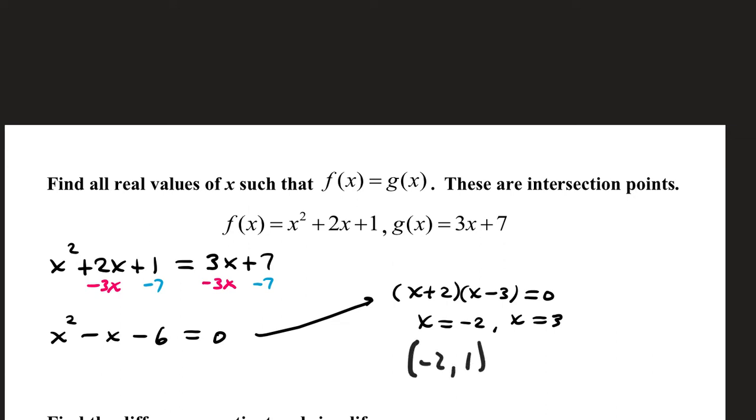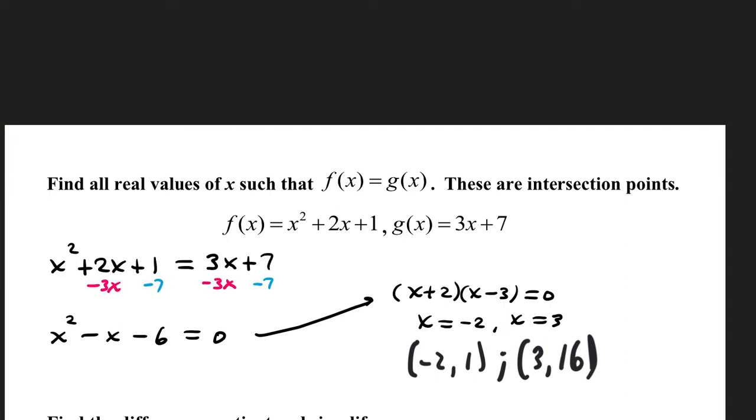And then if we plug 3 in, 3 times 3 plus 7, that's 16. So these would actually be the coordinates of the intersection points. For this one, really, we were just going after the values of x. But that's how you would get the entire point if you needed to.